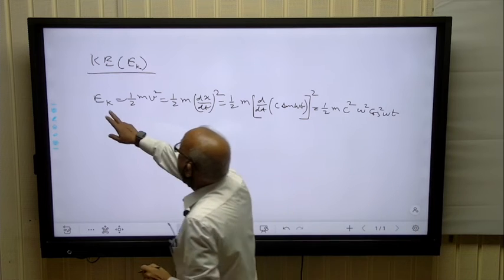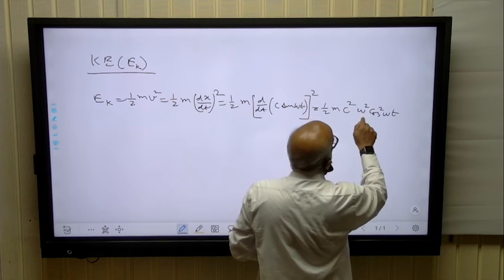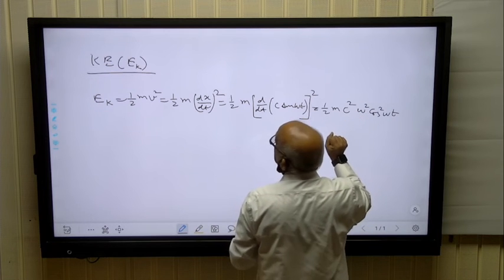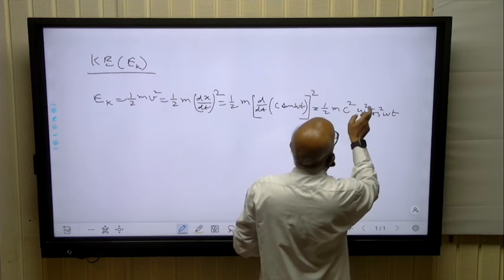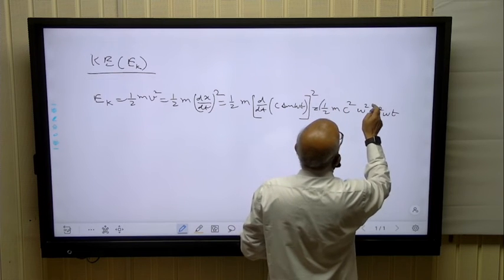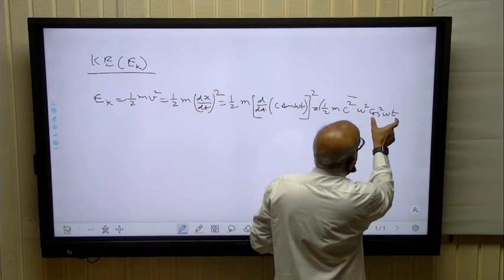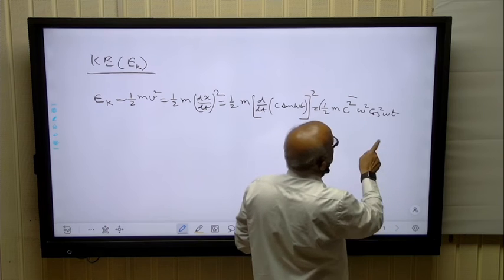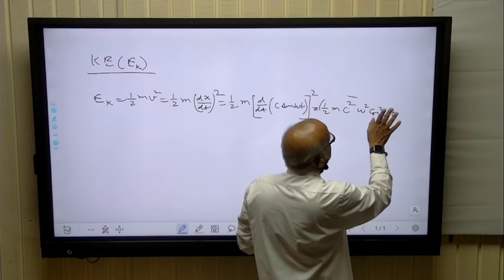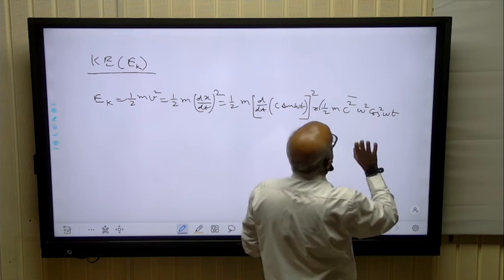So, E k is like this: m is constant, c is constant, omega is constant. If this is representing kinetic energy, then these factors should represent kinetic energy, but this factor, cos square omega t, does not contain any dimension. Therefore, it is just some number and it is changing with time.